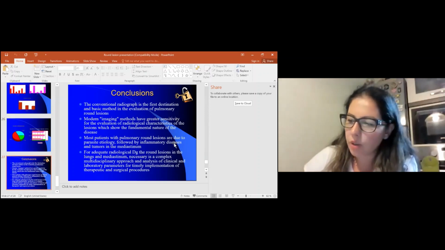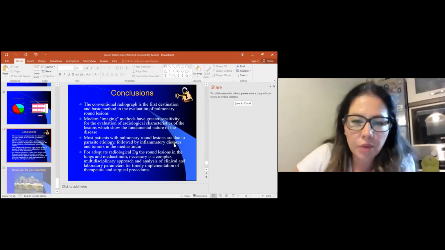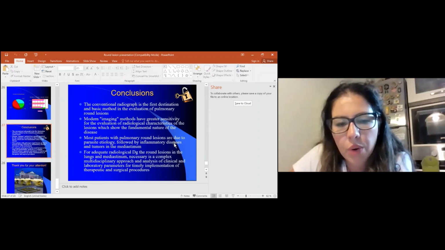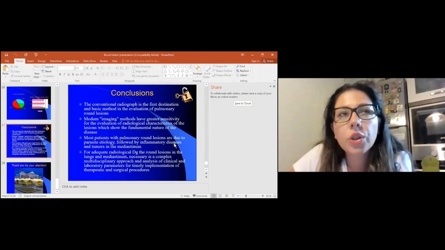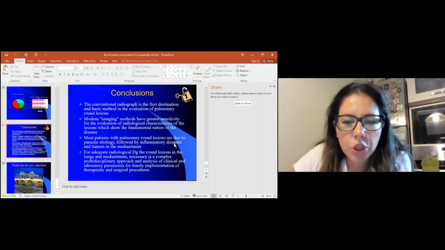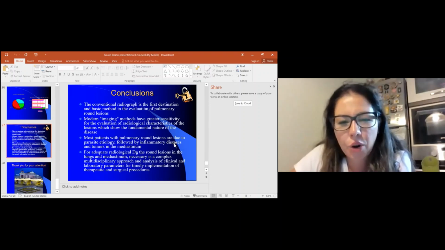The conventional radiogram or radiograph is the first destination, first step, and basic method in the evaluation of pulmonary round lesions. Modern imaging methods have greater sensitivity for the evaluation of radiological characteristics of the lesion, which show the fundamental nature of the disease.